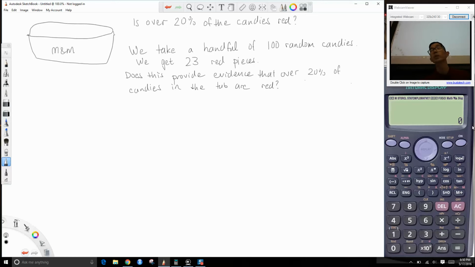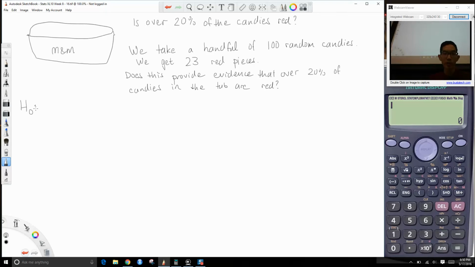Okay, what do you guys think? I got 23% red. Is that significantly larger than 20%? Enough to convince me that over 20% are red? Yeah, you guys are saying probably not. Okay, well, we'll go through the test and we'll see what happens, okay?